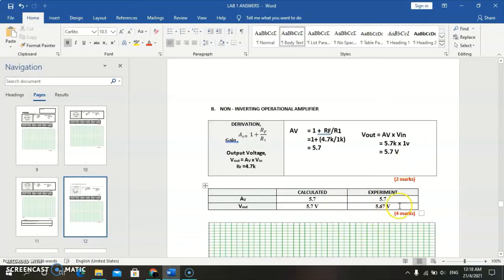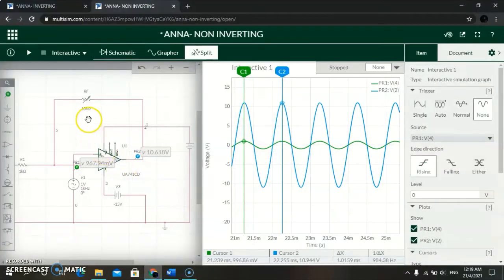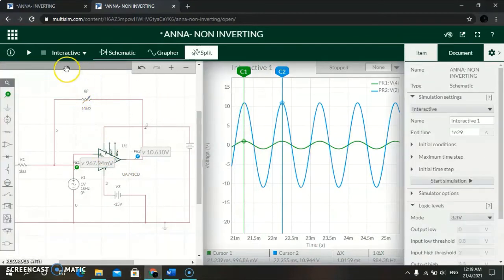So we already get the closest to the calculated values. For RF 10K, I already calculated also. Again, we will get a gain of 11 and 11 volts. This is the circuit, 10K, so I will run.